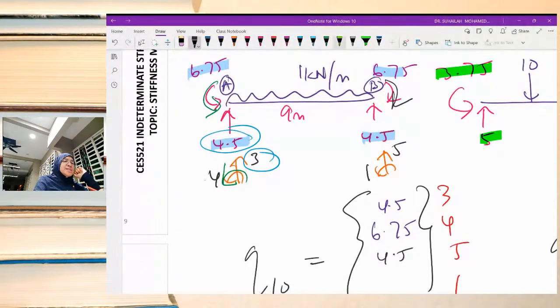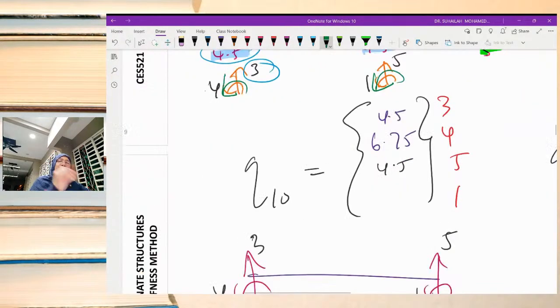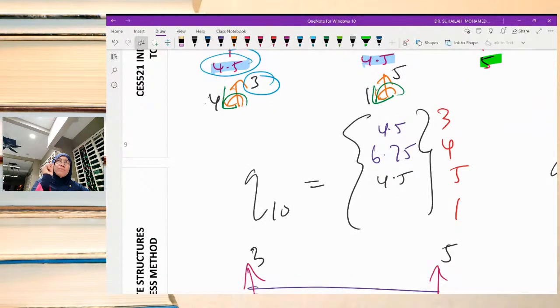In the opposite condition, one is clockwise, one is counterclockwise, so the value for position 1 is negative 6.75.